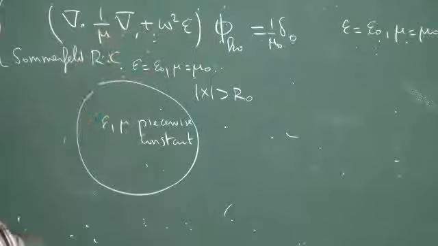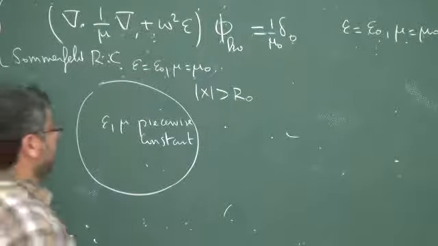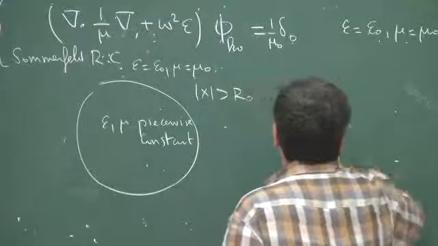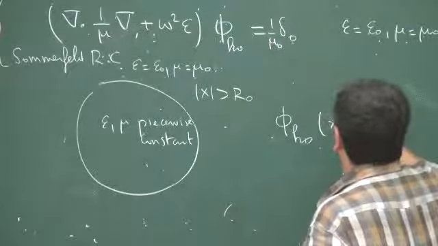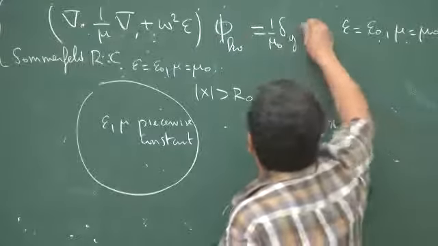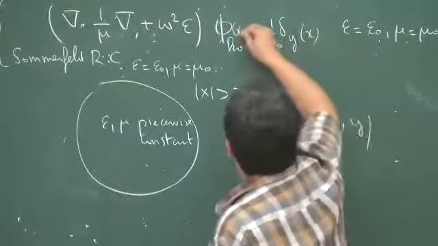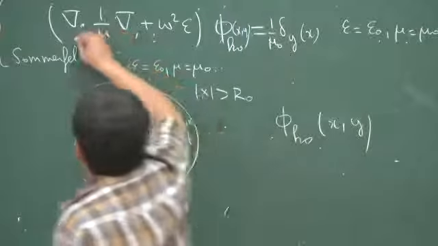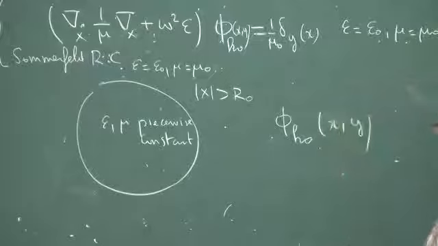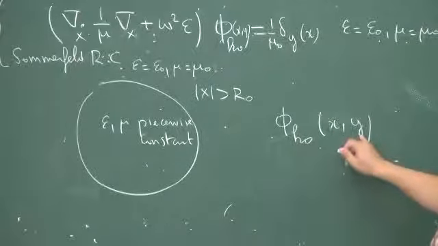Otherwise, it's not unique. So this problem has a unique solution, phi_k0. Now reciprocity is to prove that phi_k0 of x and y, where the derivative is with respect to x, is equal to phi_k0 of y and x.